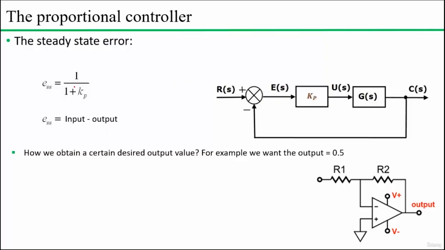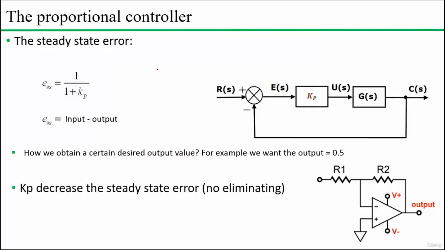So we have here the steady state error is equal to 1 over 1 plus Kp. So what we need to do to make the error become smaller is increase the Kp, because it is in the denominator. So if we increase the Kp, the steady state error will decrease. Okay, so to understand this, we need to take an example with values.